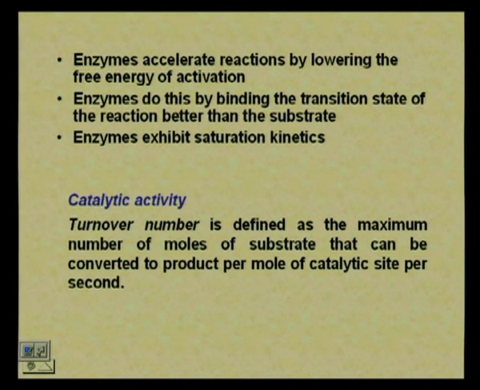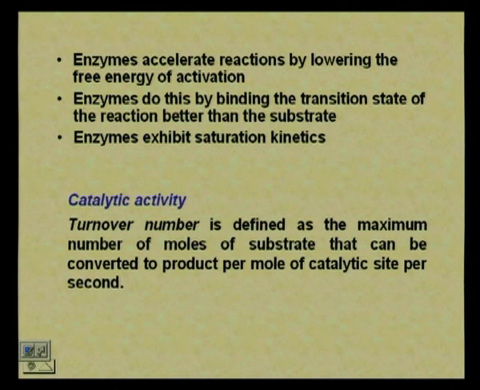So, the turnover number is defined as the maximum number of moles of substrate that can be converted to product per mole of catalytic site per second. What do we mean by a catalytic site? Remember, I showed you some diagrams where we had an enzyme active site.